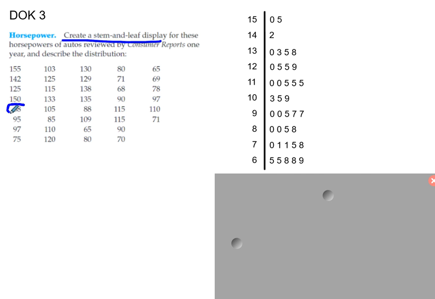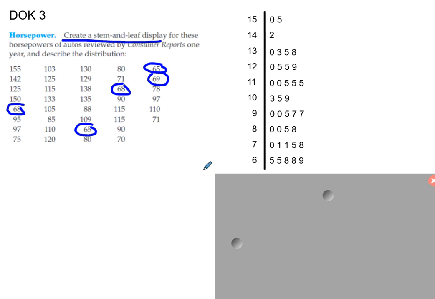That way you can keep track, so you have 60, 68 over here, 65 over here, and so on and so forth. You can keep track of them all, and you're not going to miss any. So you'll know, okay, at least I have 5 values in the 60s. Then you can look at it and say, I have 2 65s, 2 68s, and a 69, which gives you 5, 5, 8, and 9.